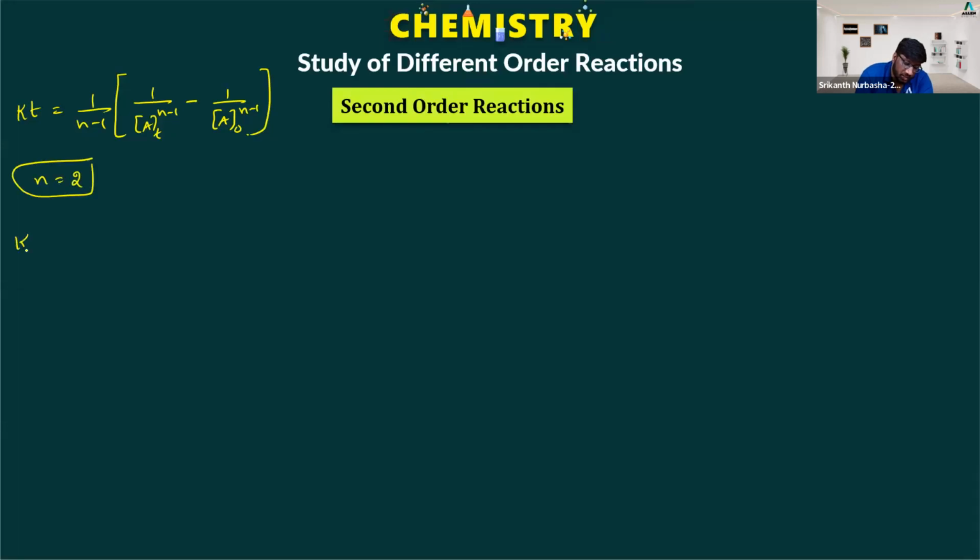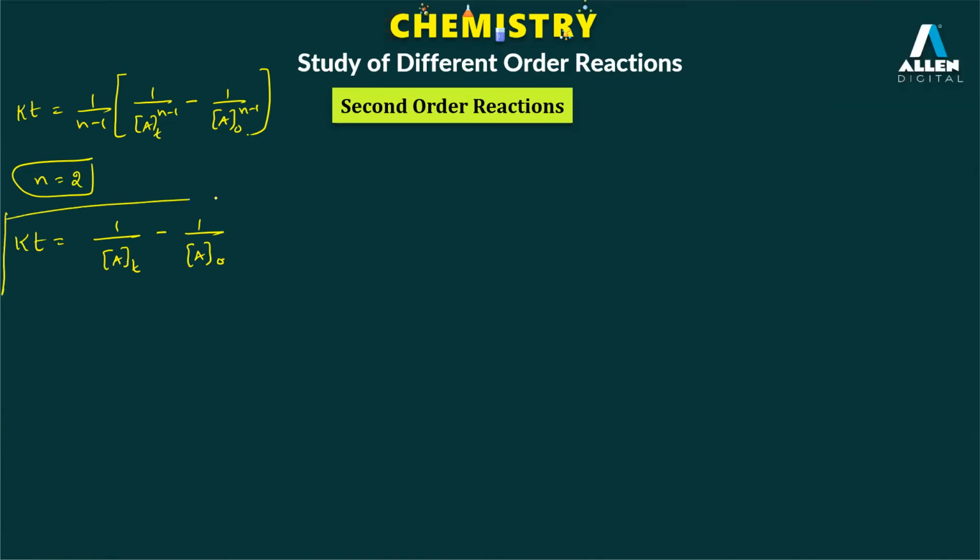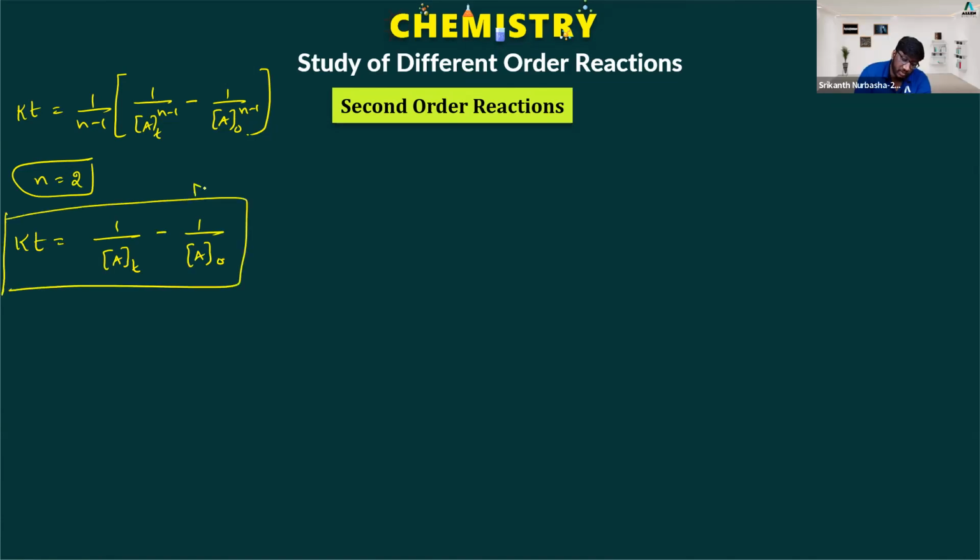So Kt is equal to 1 by concentration of A at time t minus 1 by concentration of A at time t equal to 0. So this was the formula which you get.